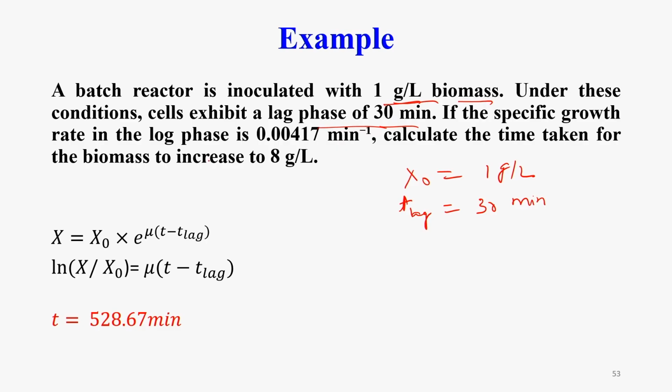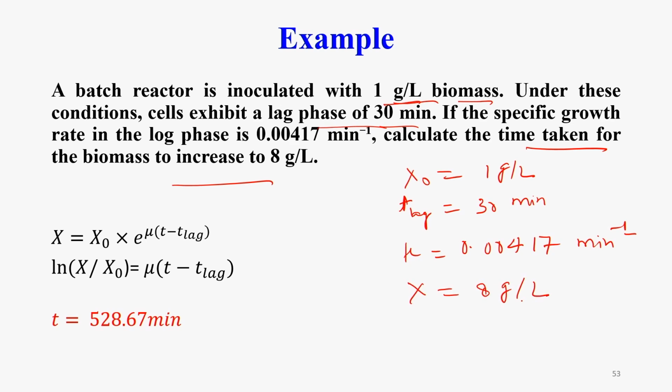If the specific growth rate in the log phase, mu, is 0.00417 per minute, calculate the time taken for the biomass to increase to 8 gram per liter. X is 8 gram per liter.